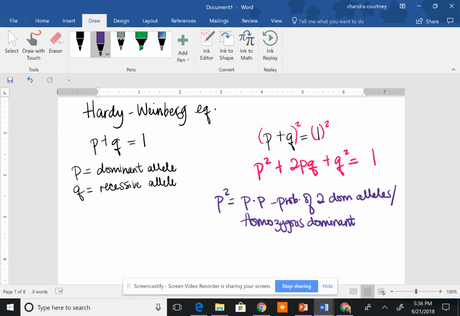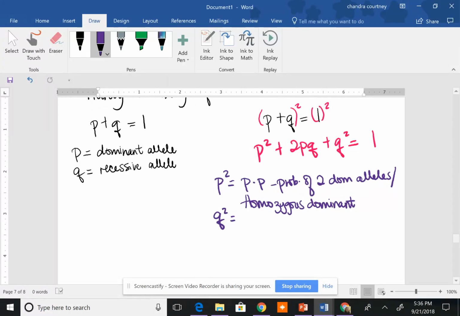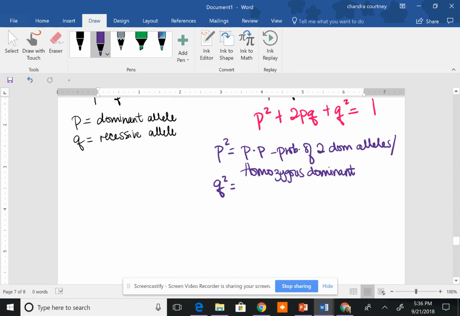Then let's jump to Q squared because that follows a similar trend. If P squared is P times P, it stands to reason that Q squared is Q times Q. And if P squared is the probability of two dominant alleles, then Q squared is the probability of two recessive alleles, or the probability of you being homozygous recessive.